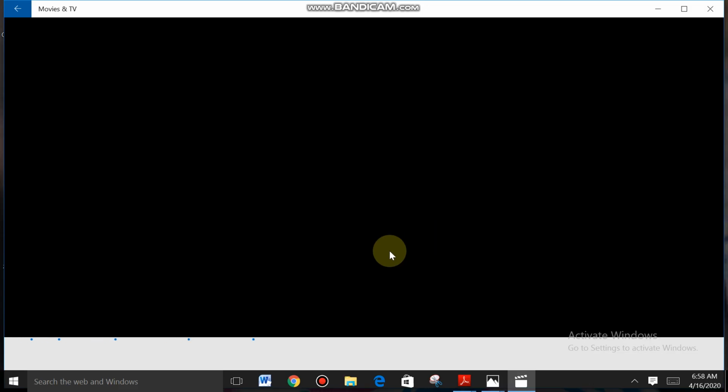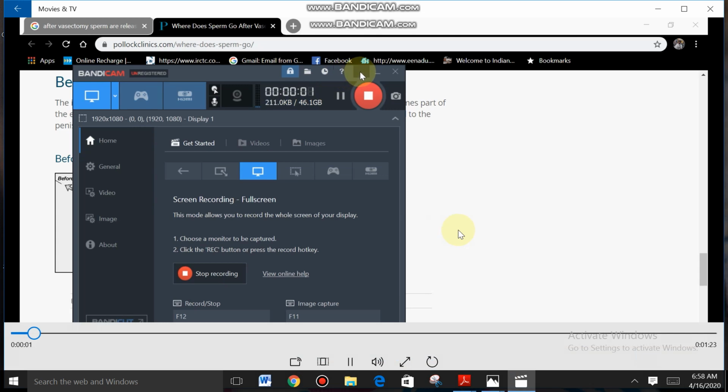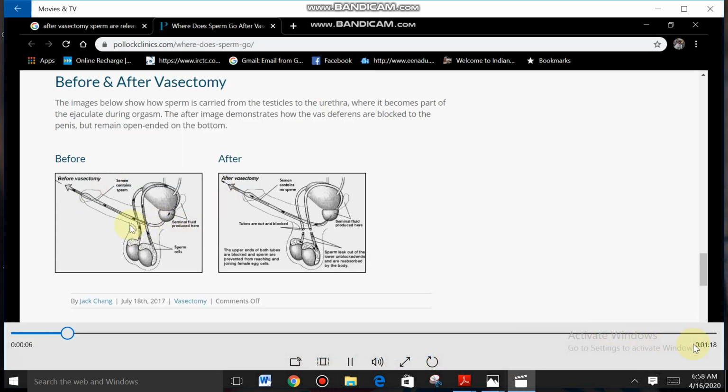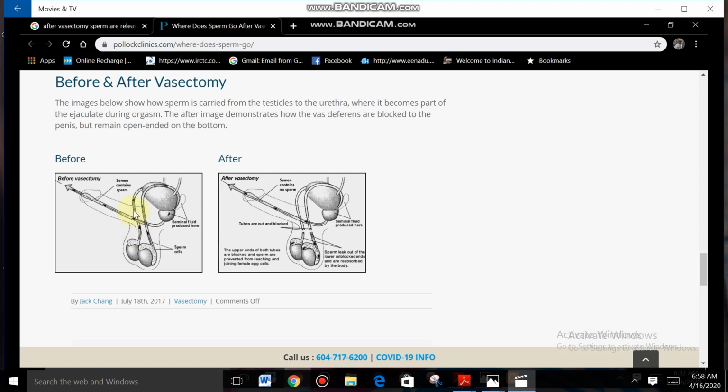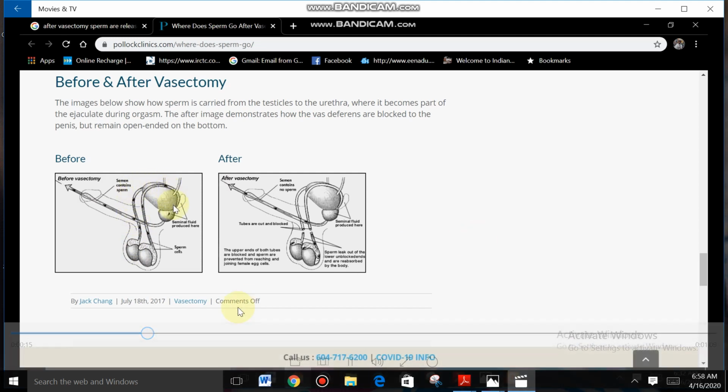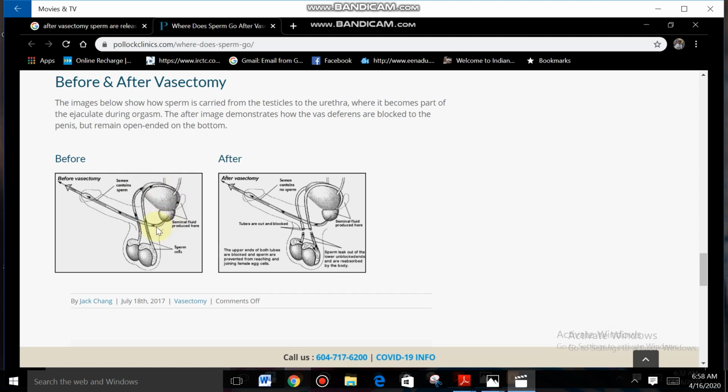Right, here. So this is before vasectomy. From the testis the sperms are released, and they go through the vasa deferentia, and along with the seminal fluid the sperms are released through the urethra and out through the penis.